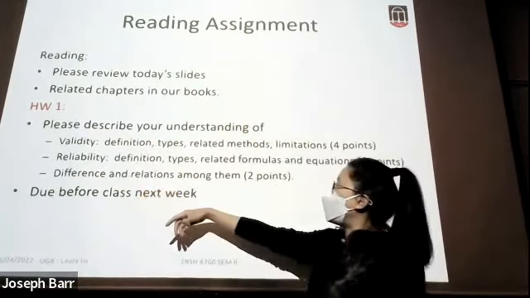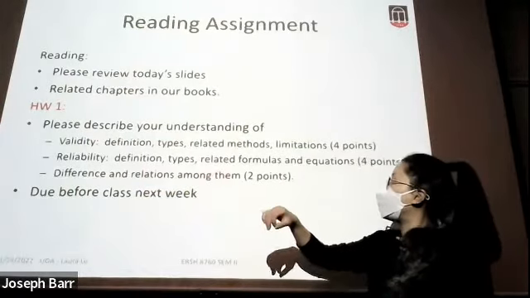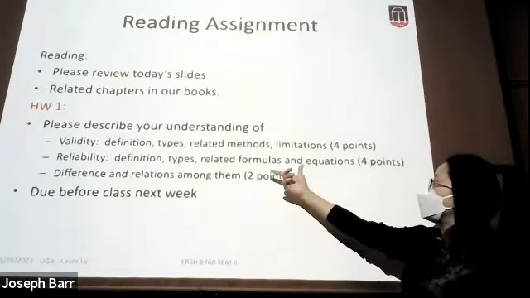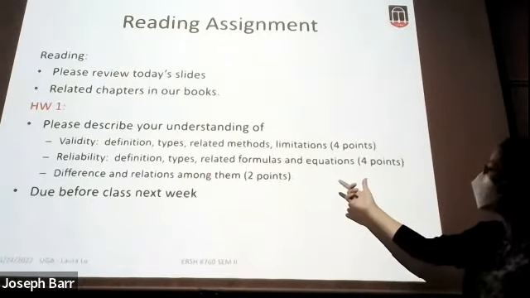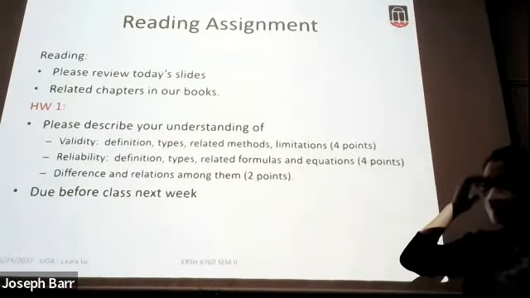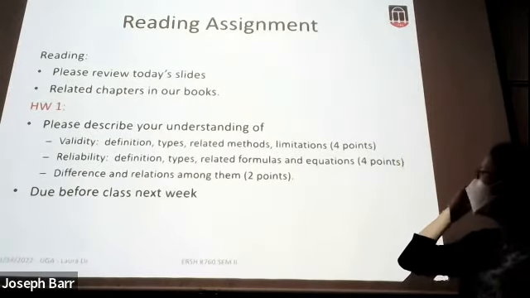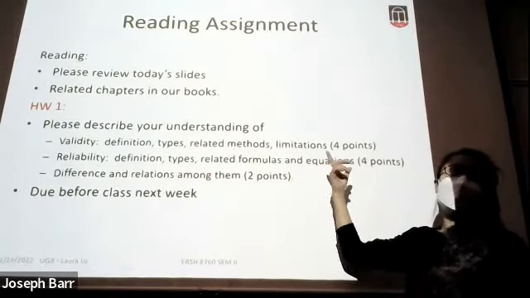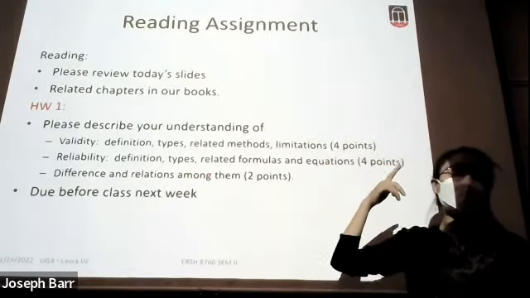Reliability: what reliability is, different types, and the different empirical methods to measure it, with formulas and equations. For equations, you can give me Cronbach's alpha formula, because that is really important.